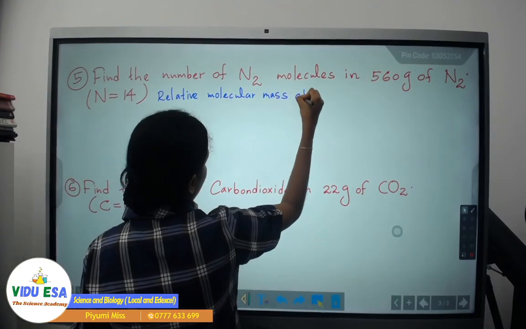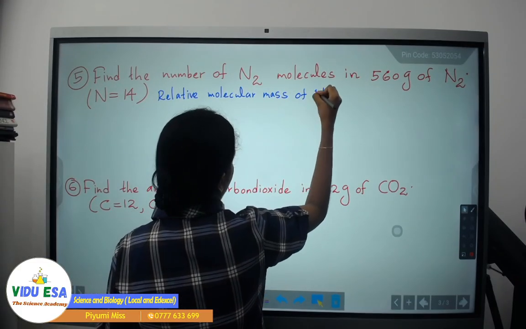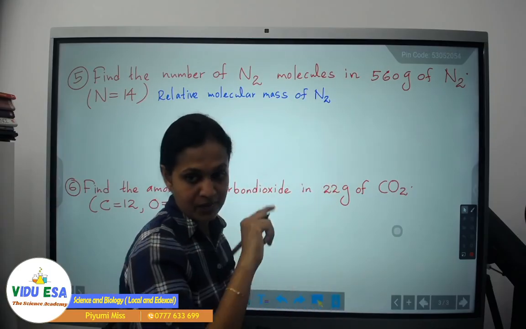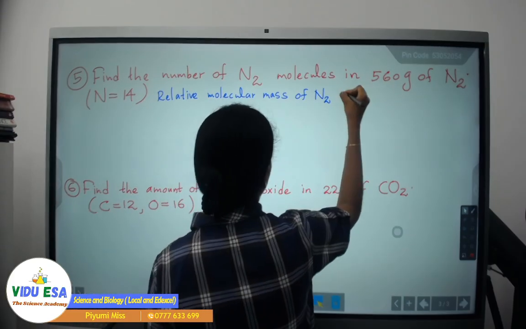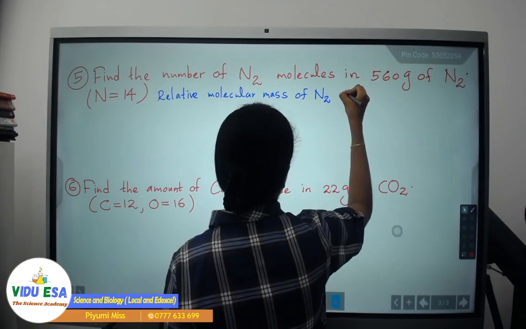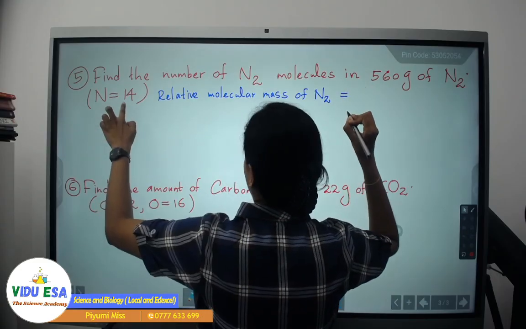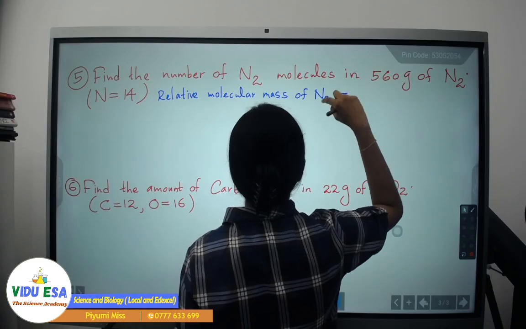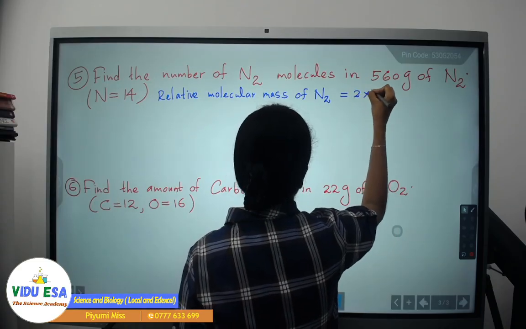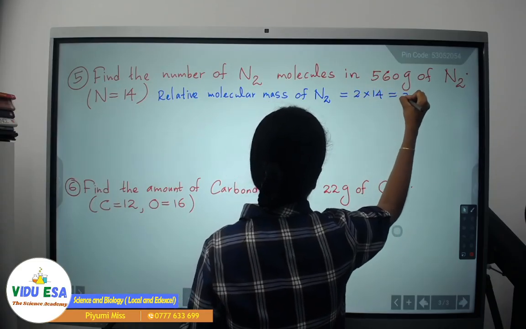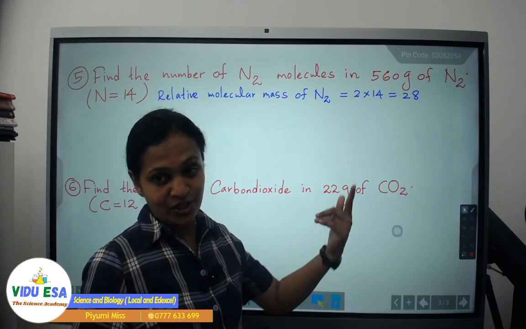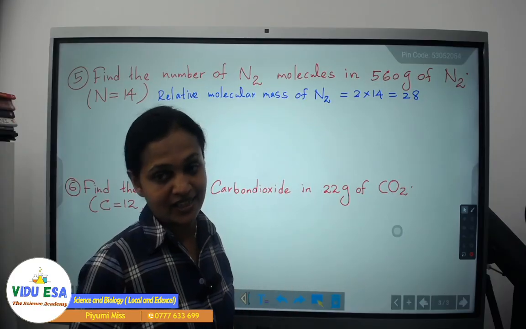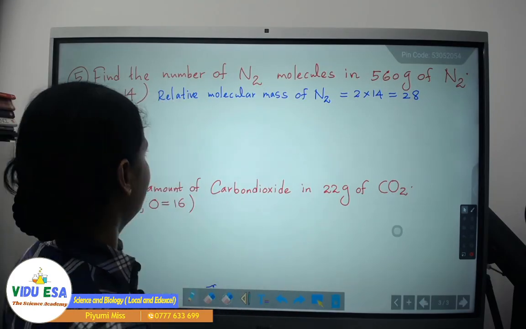Of N2. Once you are used to it, you don't have to write all these steps. I am writing this only until you get used to it. Relative molecular mass of N2. Nitrogen equals 14. N2 means 2 into 14. That is 28. Then the second concept. When relative molecular mass is taken in grams, that is equal to molar mass.